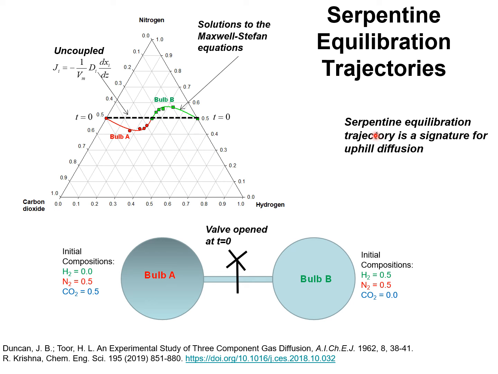The serpentine equilibration trajectory is a signature for uphill diffusion and will be observed in several examples that will follow.